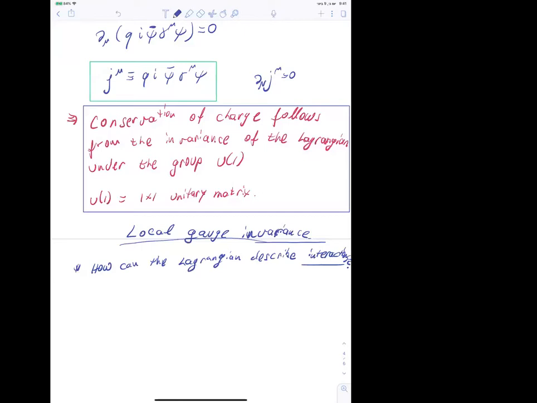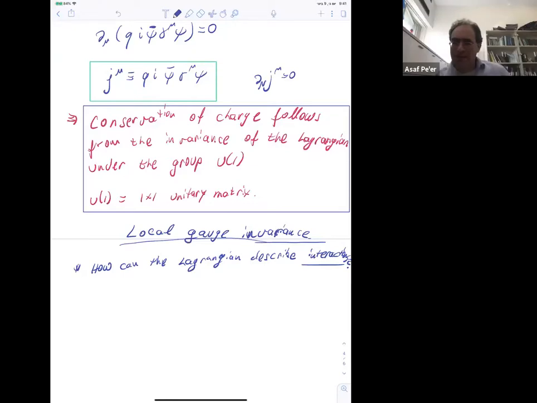Free particle is great, but if you want to have a theory, the theory should not just describe the free particle, but should describe how the particles interact with each other. And the related question is, is every interaction allowed, or are there interactions which are not allowed?